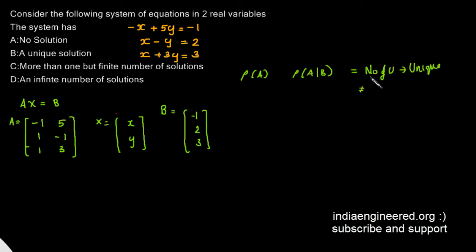If it is not equal to the number of unknowns, then it has an infinite number of solutions. This is the case when rank of A equals rank of A augmented B. If rank of A is not equal to rank of A augmented B, the system of equations does not have any solution.